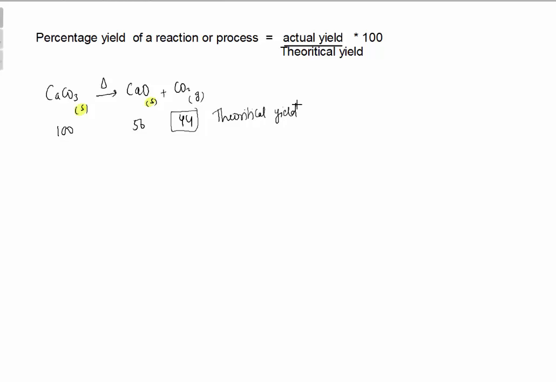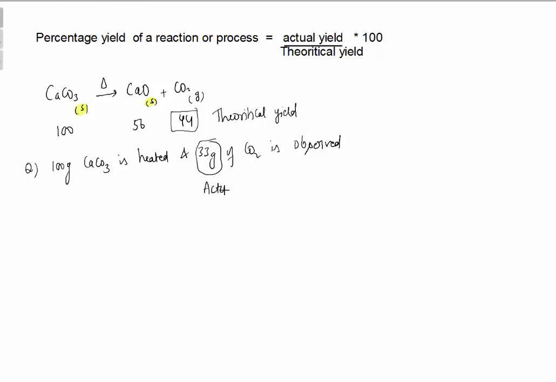Now, if the question says that 100 grams of calcium carbonate is heated and 33 grams of CO2 is observed, you can understand this will be the actual yield.